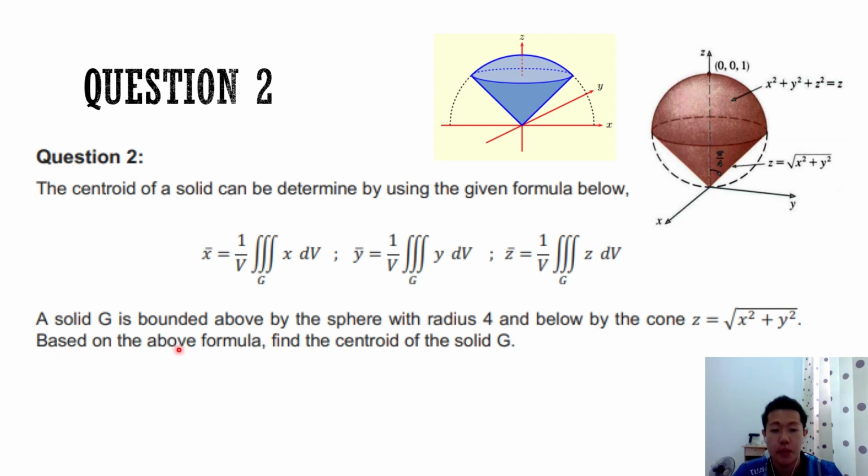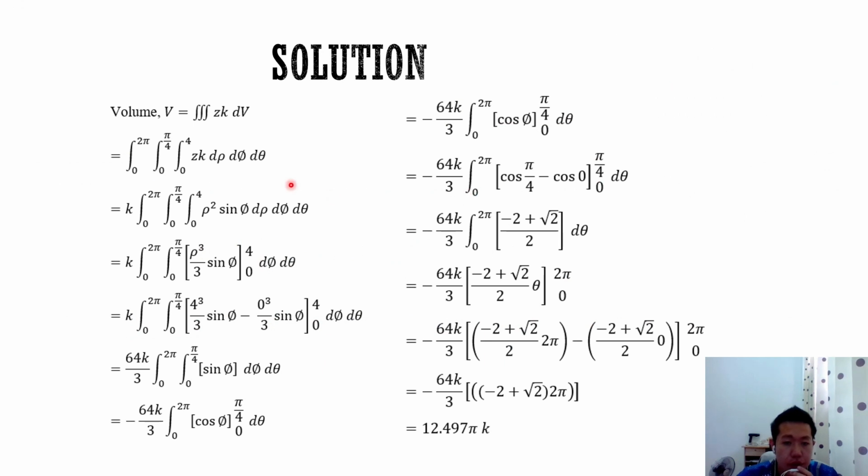So based on the formula, we can find the centroid. First we need to find the volume of the solid, which is bounded by the sphere and the cone. For this solution, we are using spherical coordinates to solve it.